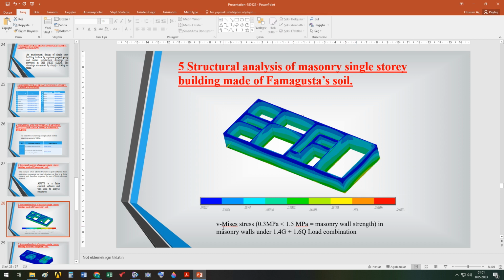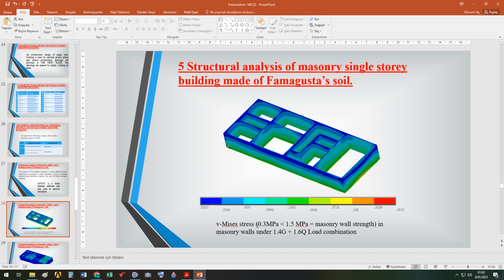This is the von Mises stress under dead load and live load combination. The maximum von Mises stress obtained is 0.3 megapascal, which is smaller than the 1.5 megapascal masonry wall strength.